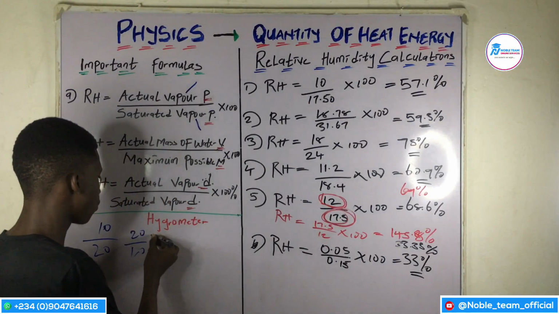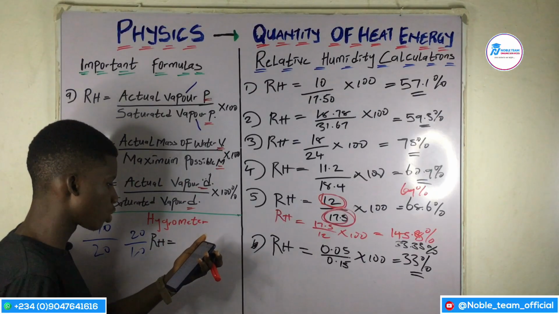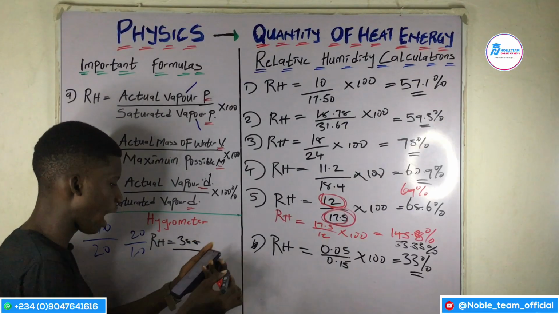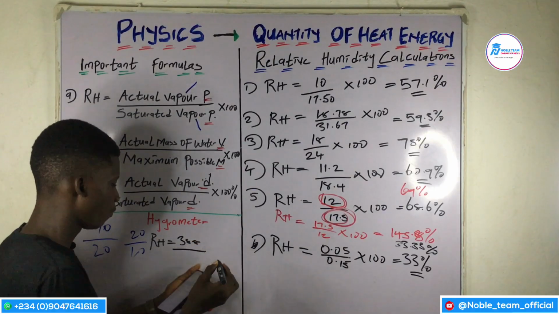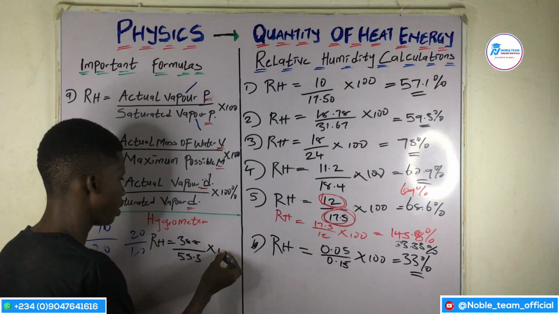So we have that RH is equal to our actual one, which was 38.8, divided by 55.3, times 100.